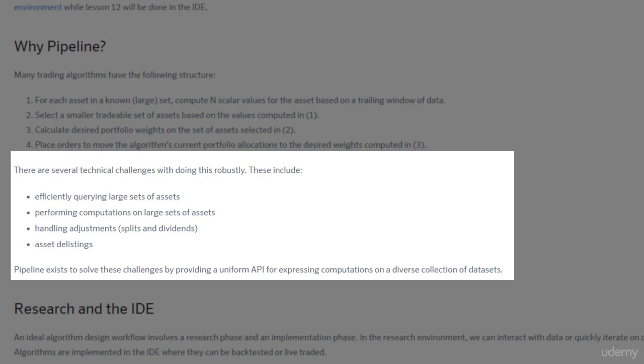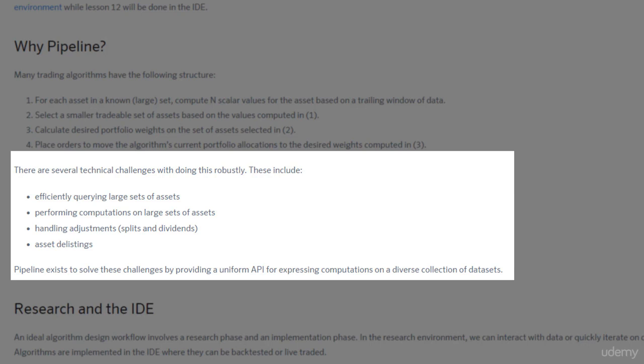After you query, after you have downloaded or extracted the data from the database, you need to perform computations on these large sets of data, or large sets of assets, I should say.